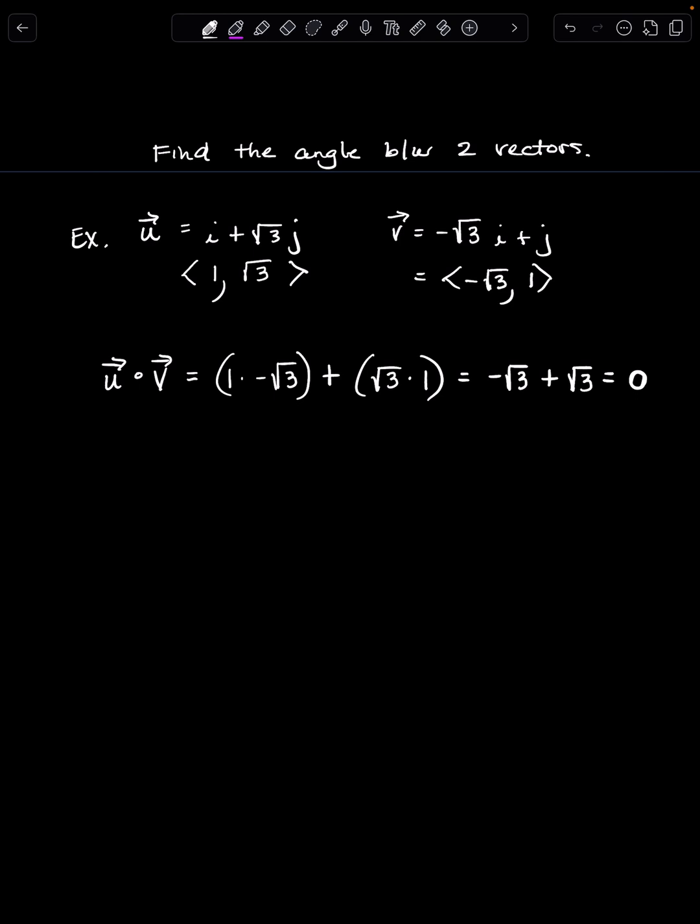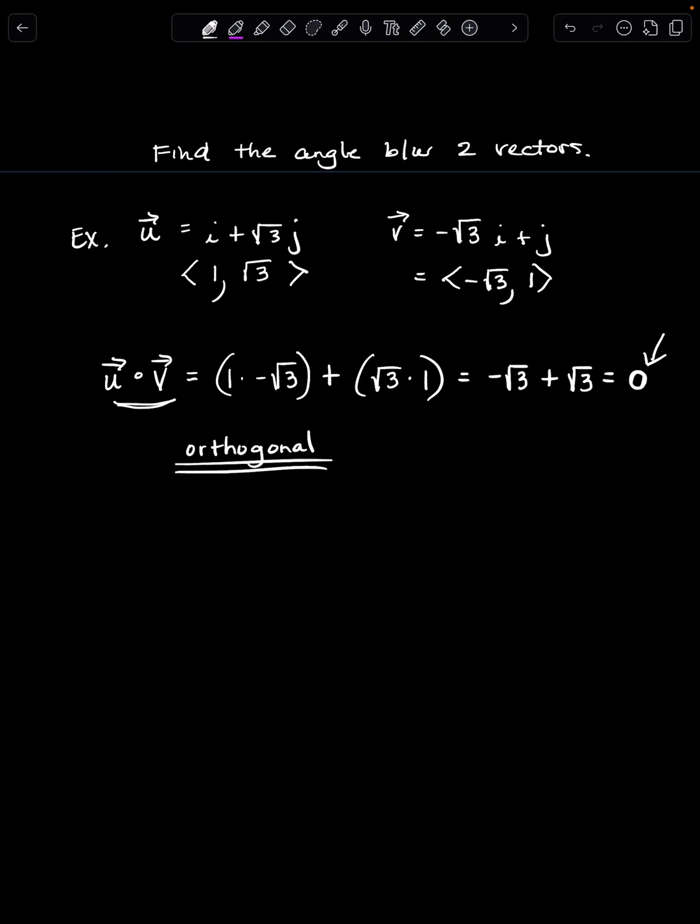All right, so I found the dot product. I also know that right here, my dot product is 0, which means these two vectors are orthogonal. Okay? So there might be questions that ask you just to find the dot product.